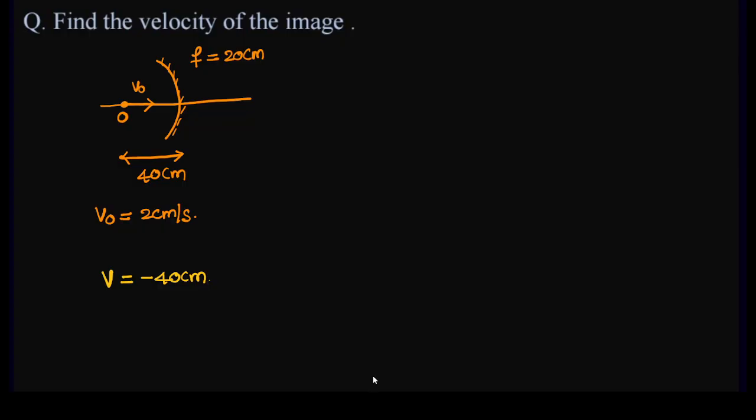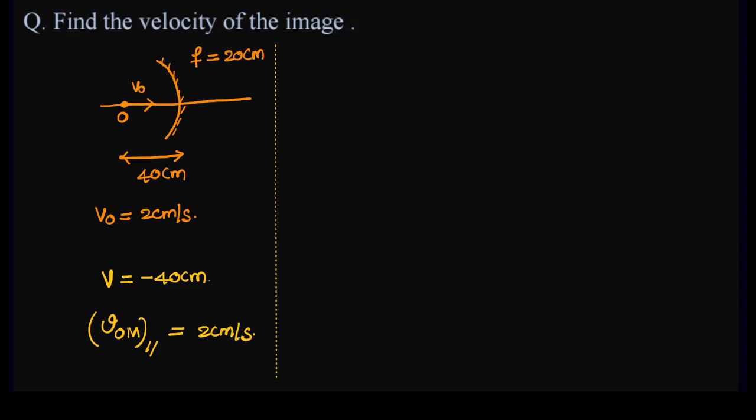Now what do we need to get? First we need to see how the object is moving now: parallel to the principal axis or perpendicular? Parallel. So this is v parallel, the velocity of object with respect to mirror in parallel, which is given as 2 centimeters per second.